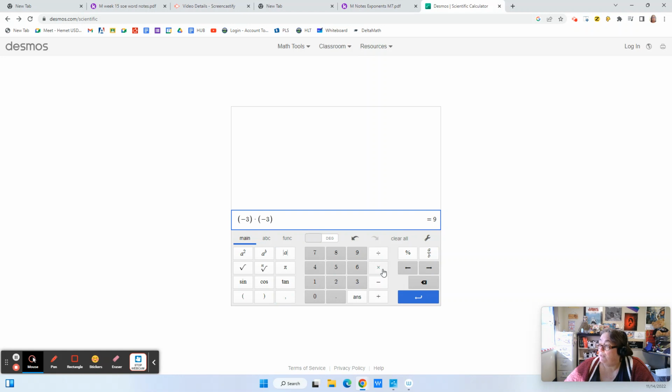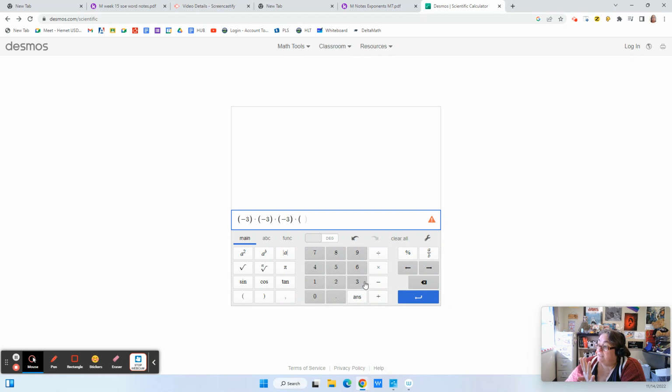Well, what if I multiply it times another -3? Whoops, I should probably put the 3 in there. And now notice it's -27 because we just multiplied a positive times a negative. But then when we go to multiply the other one, because we were doing it 4 times, it's to the fourth power, right?